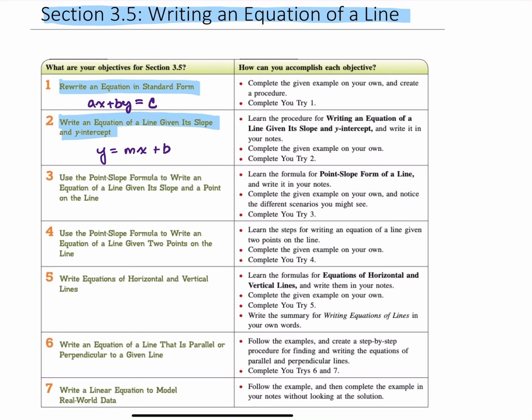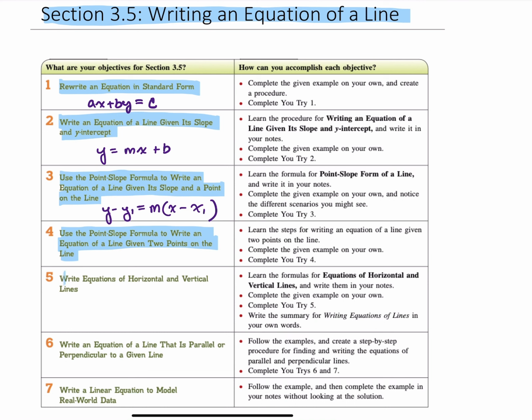We wrote, using the point slope formula, the equation of a line given a slope and a point on a line. So point slope was y minus y1 equals m times x minus x1. And then we used that same formula when we're just given 2 points. We had to first find the slope between those 2 points.